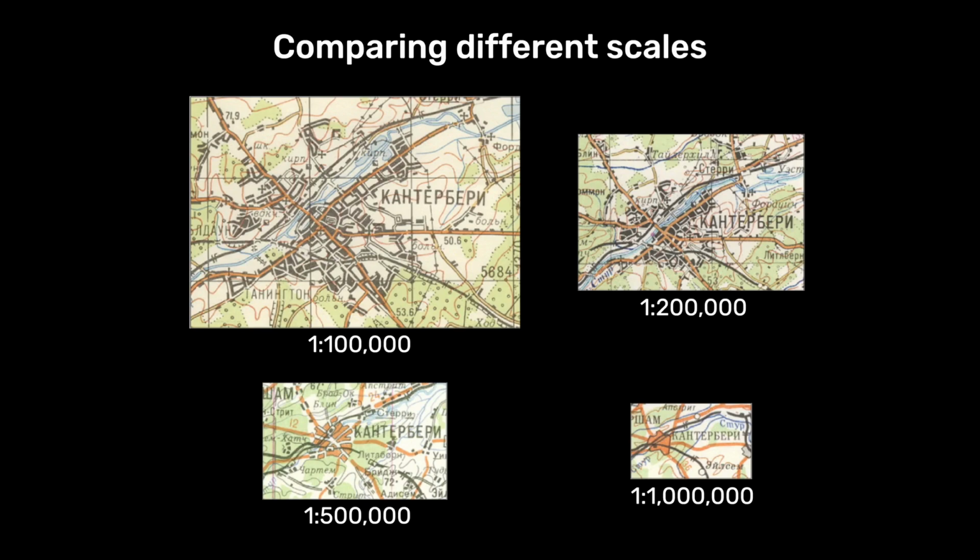Now, these are all different map sheets, but actually what I've done here is crop them to show just the parts that show the areas around and including Canterbury. Can you notice that the symbology is changing as you go from a larger scale that shows more detail to a smaller scale that shows less detail?